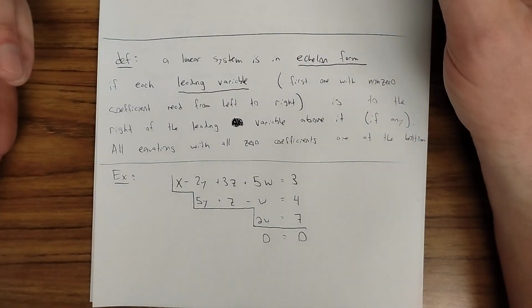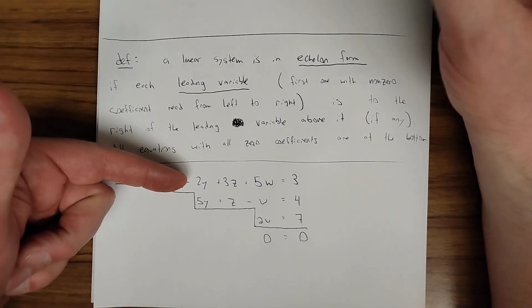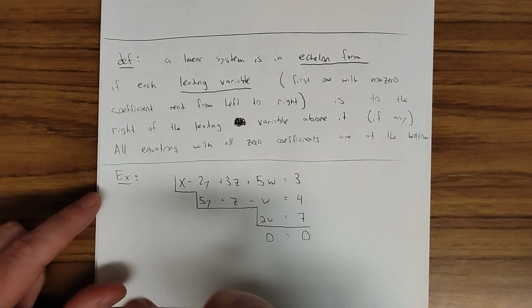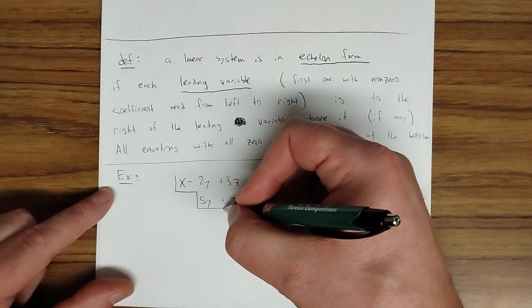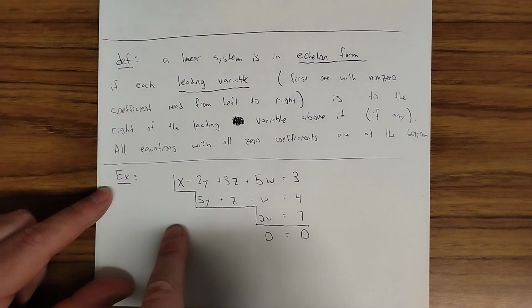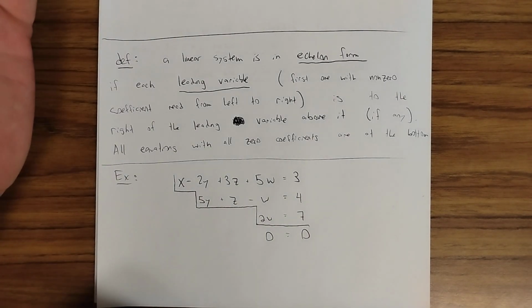But why am I drawing these stairs? It's just a visual representation. Notice that the leading variable is supposed to be to the right, so as I go down, I'm going to go to the right. I'm not going to go to the left. I shouldn't have a leading variable below and to the left of this leading variable.